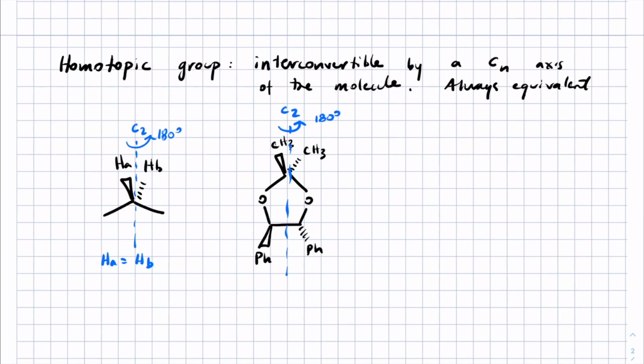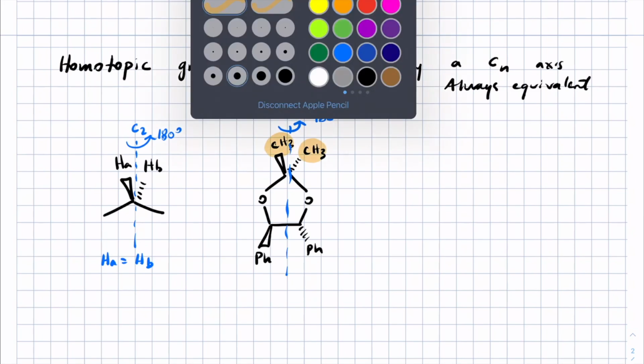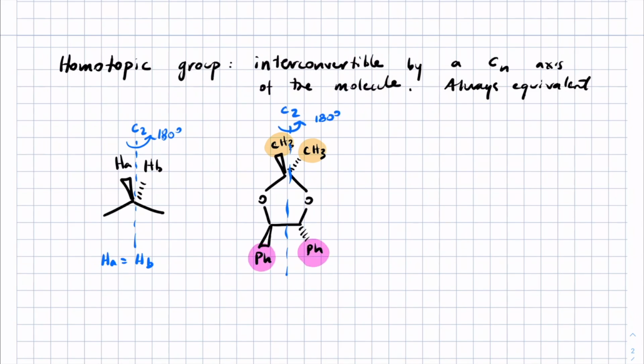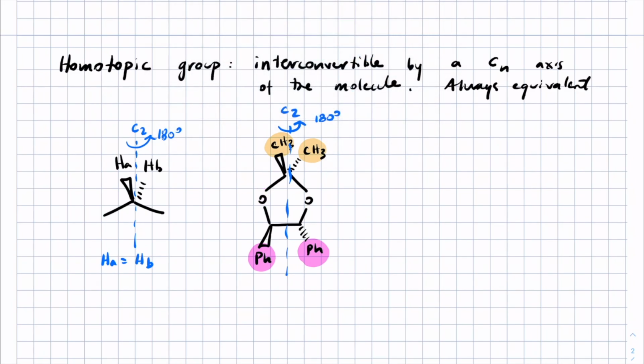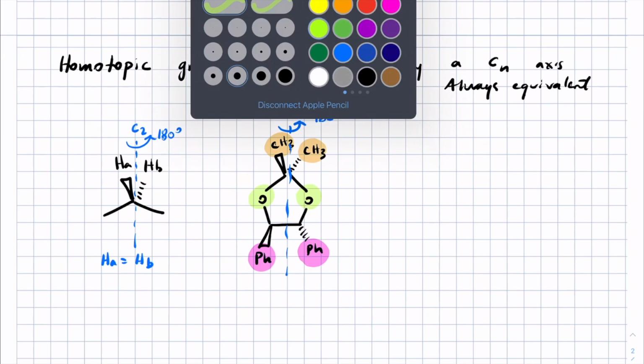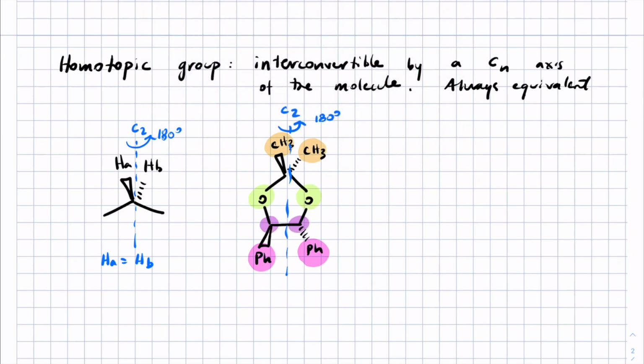These two methyl groups are homotopic. These two phenyl groups are homotopic. The two oxygens are homotopic. And those two carbons there are homotopic.